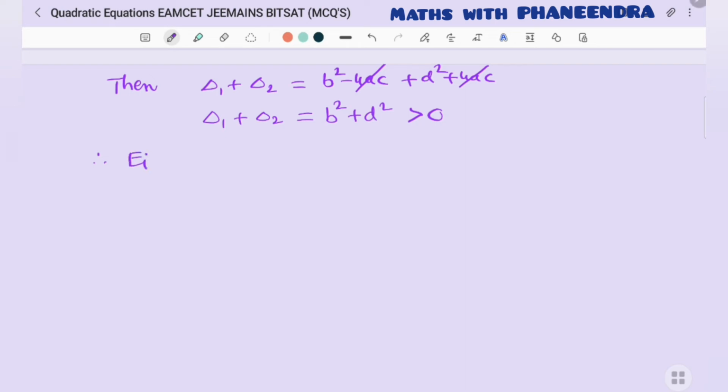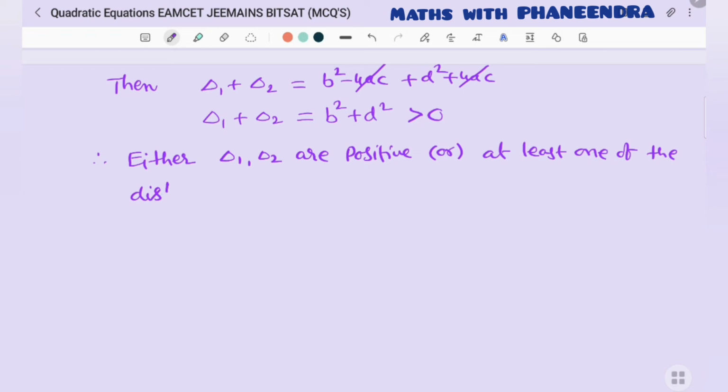So we will write the description here. Either delta 1, delta 2 are positive, or at least one of the discriminants is positive, either delta 1 or delta 2.